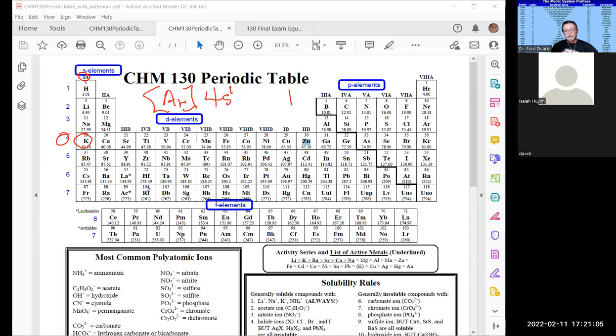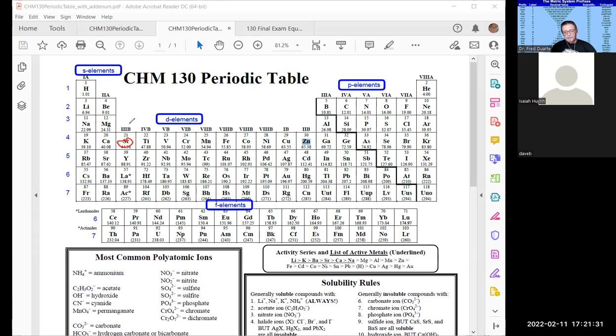If you needed calcium, the one right next to it, just change that 1 to 2. Now, this is where the configuration for the D's may be a little confusing. It only occurs when you get into the D elements. Remember, these are the D elements.